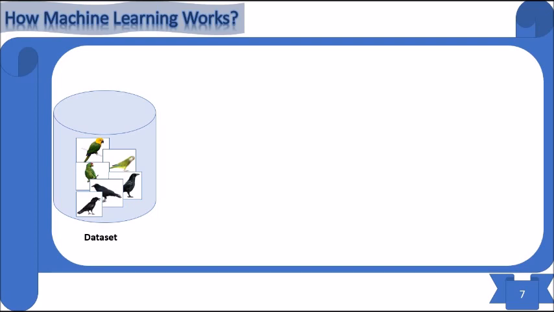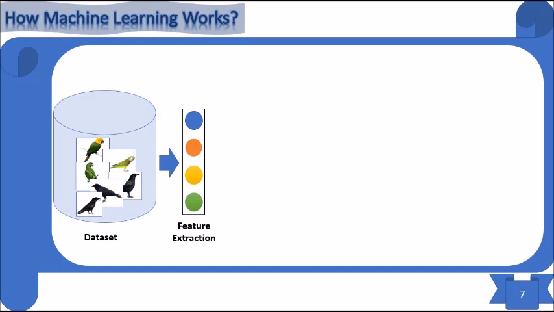Here, assume that you have a data set of images of different birds, such as a parrot and a crow, and you now want your software or application to recognize and differentiate between them. The first thing you have to do is interpret the images as a set of features.